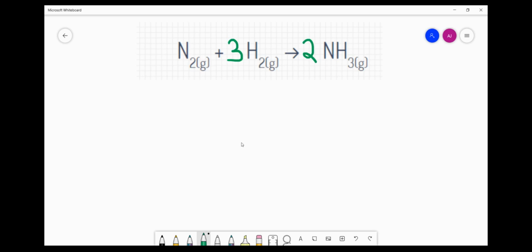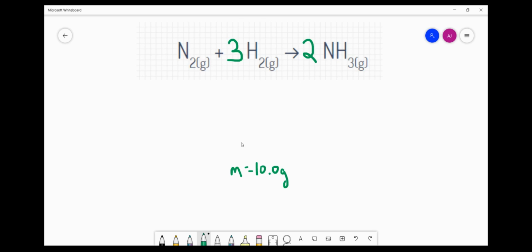My next step is going to be writing out my givens. And the way I'm going to organize stoichiometry problems is in a very visual way, in that I'm going to list my masses and the information I know about each chemical below that chemical in the chemical equation. So I was given that I have 10.0 grams of hydrogen.